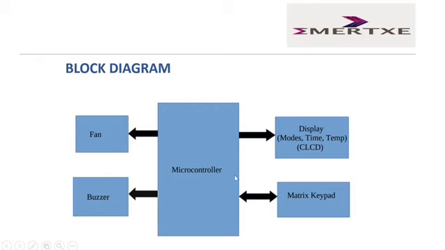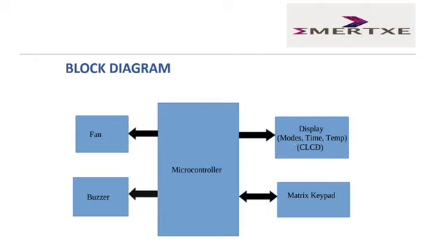it's the block diagram of the microwave oven. In the middle of the block diagram, we have the microcontroller, the brain of the system, and it operates several operations in this microwave oven project. It operates a fan, as a heat sink to remove the hot air to the outside, and the CLCD display shows modes like time or temperature.